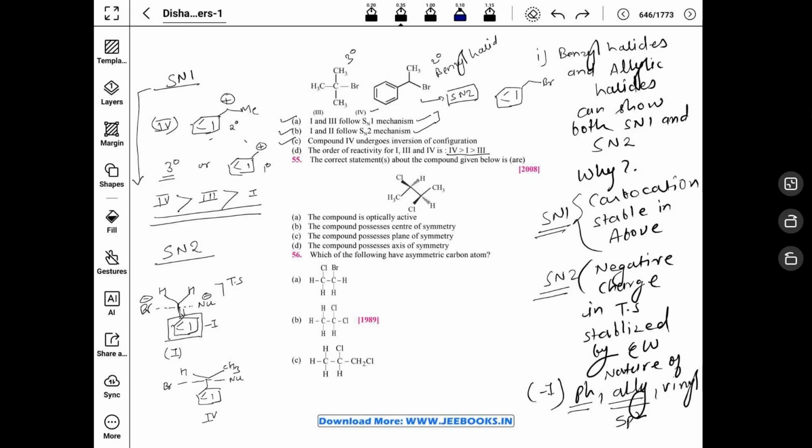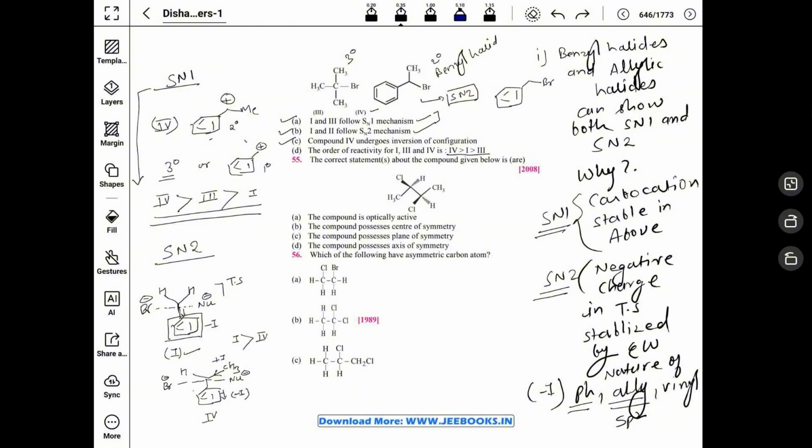This methyl has a plus I effect, so it is increasing the electron density of the transition state. At the same time, this phenyl is withdrawing electron density through the minus I effect, and hence we can say that in case of 1, the transition state is more stable than 4.